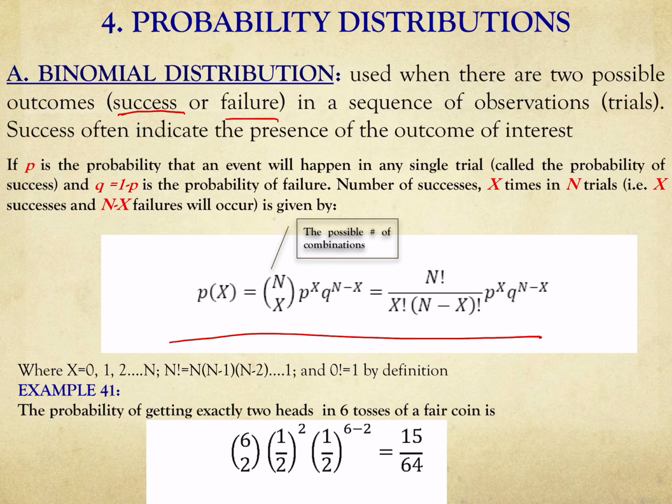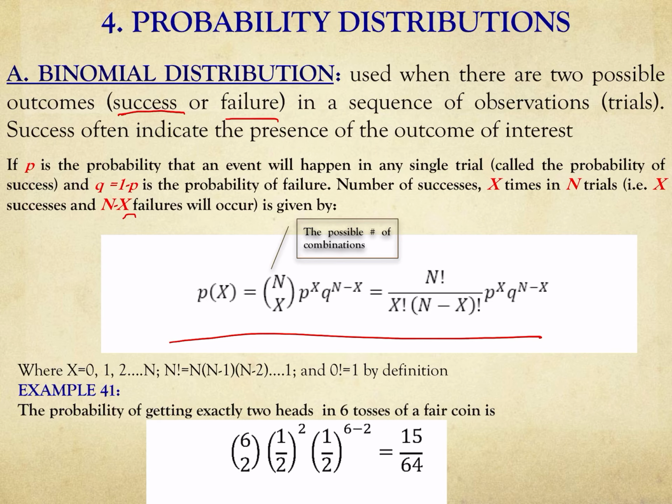The failures will then be n minus x. Remember, x is for success, then the total number of trials within the probability will be n, so failure will be n minus x.